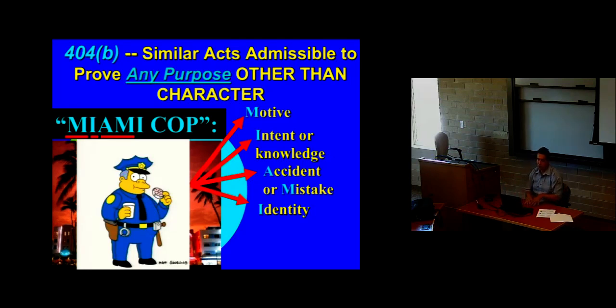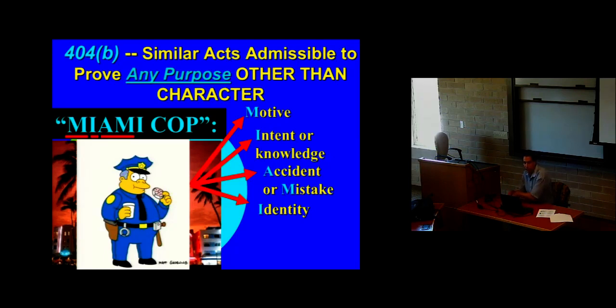I'm using it to show we're trying to figure out who robbed the bank this time. And the bank robber had this special clown suit on that they wore as a disguise. We think the defendant did it, and we have some other evidence connecting him to the crime. Some of that evidence connecting him to the crime to show that that was probably him is that he robbed a bank before wearing a clown suit.